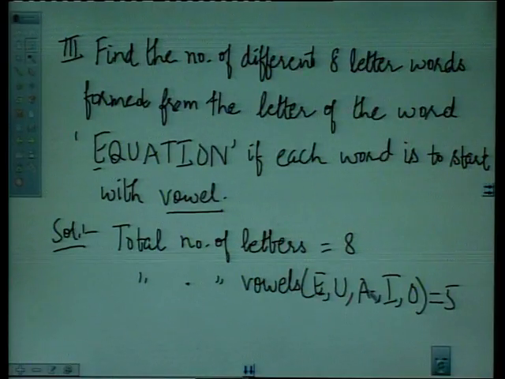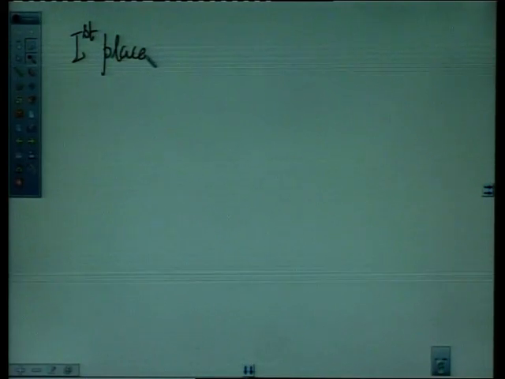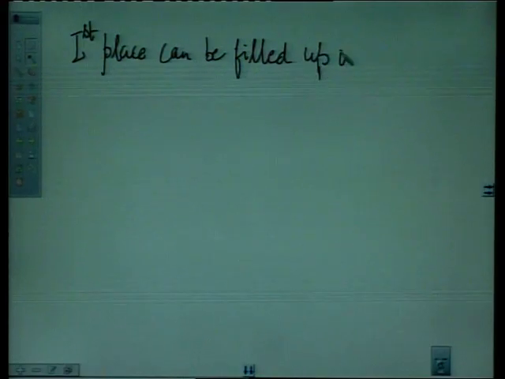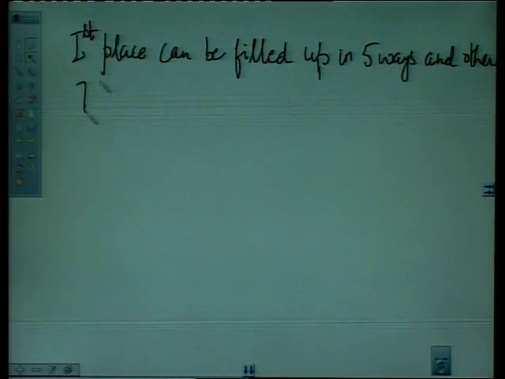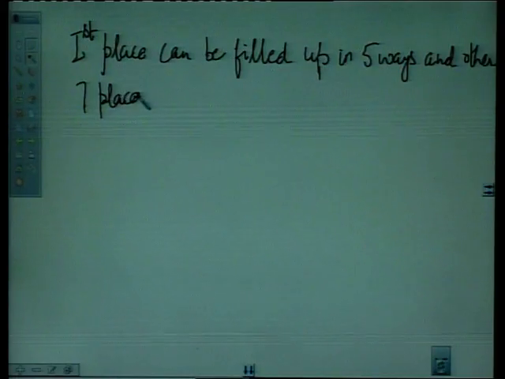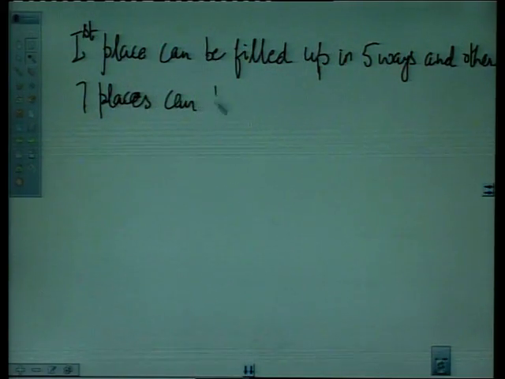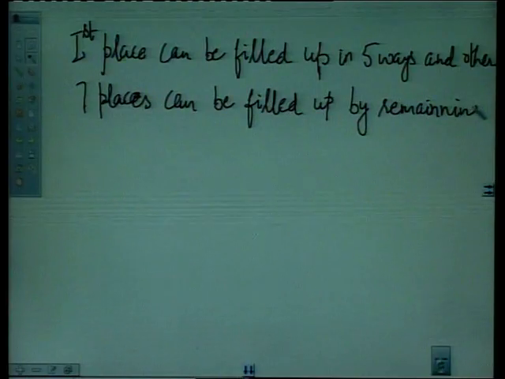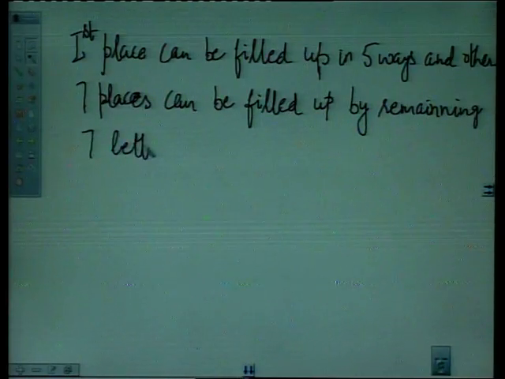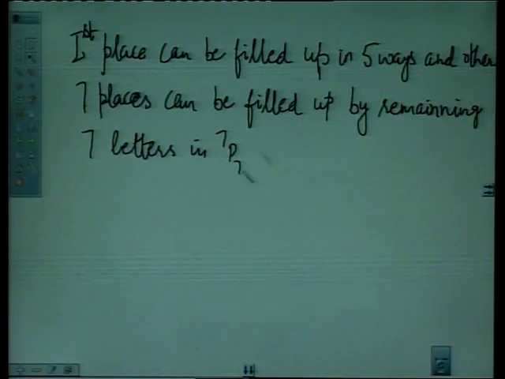It means the first place can be filled up in 5 ways, and the other 7 places can be filled up by the remaining 7 letters in 7P7 ways.